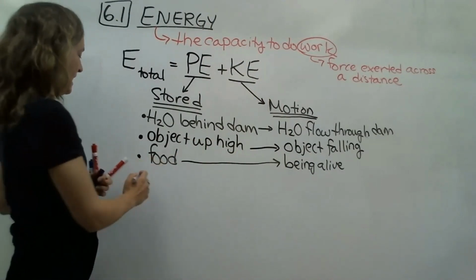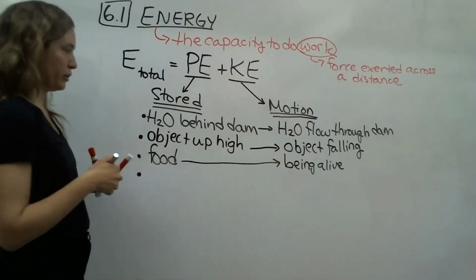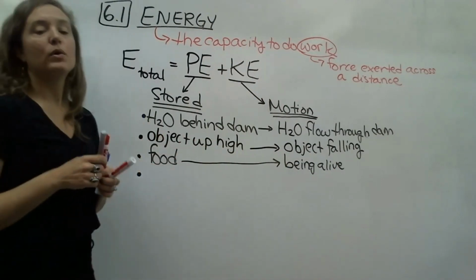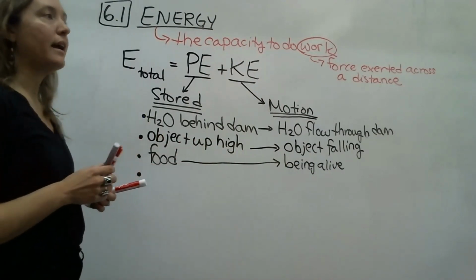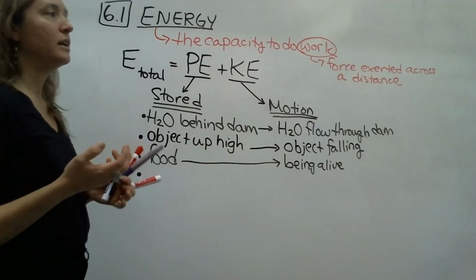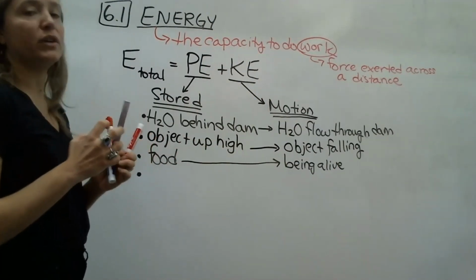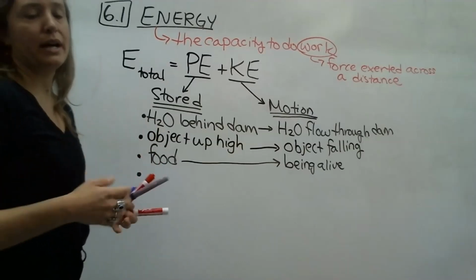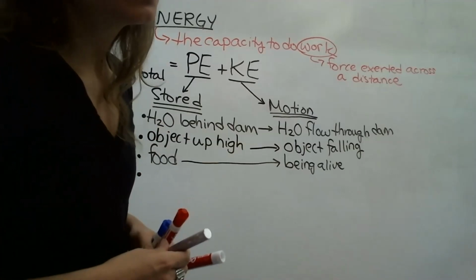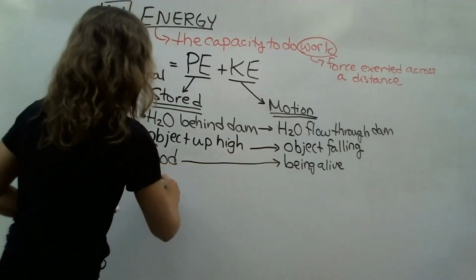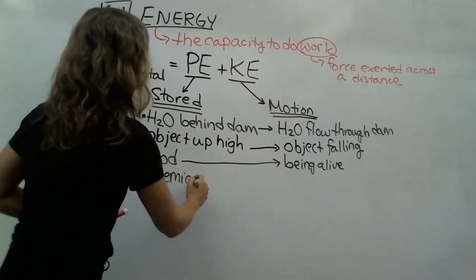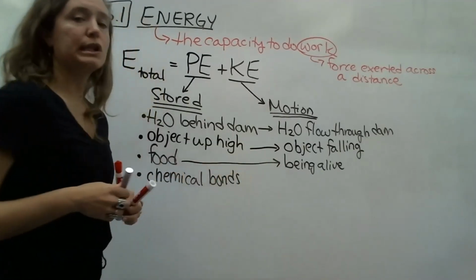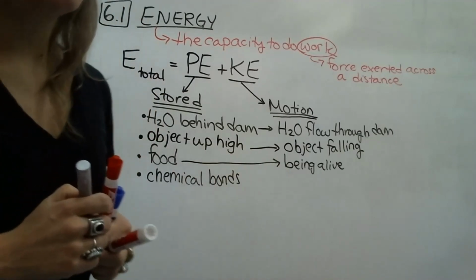Okay, so those are the everyday things that we can think about, and now we'll talk about chemical bonds. In a chemical reaction, the chemical bonds of the reactants on the left-hand side of the equation hold potential energy. Chemical bonds store energy in those bonds.